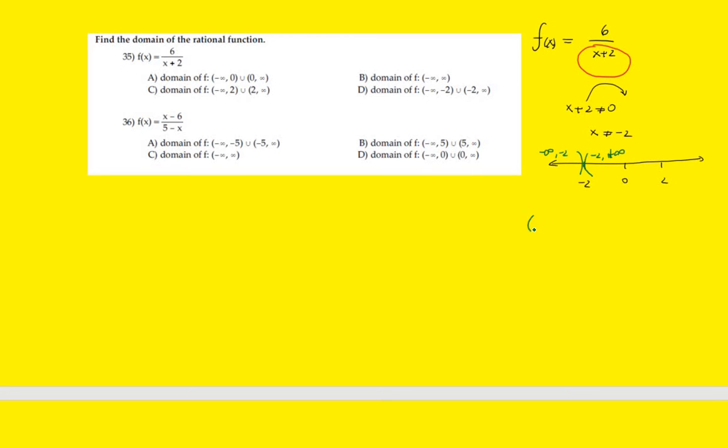So the domain will be all real numbers in which x is not equal to -2, which another way to say is -infinity to -2 union -2 to plus infinity, and this is another way to say that all real numbers work except for x equal to -2.